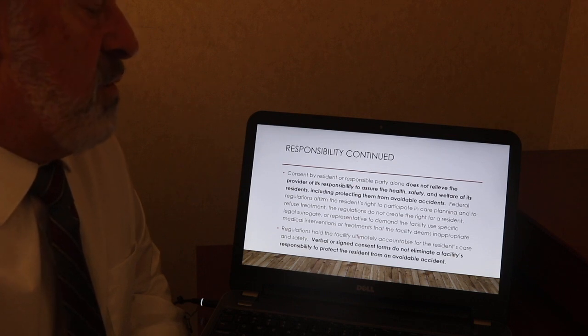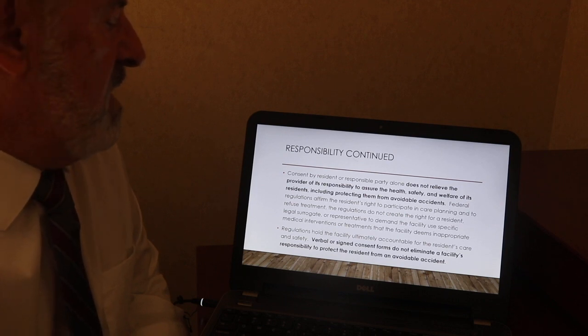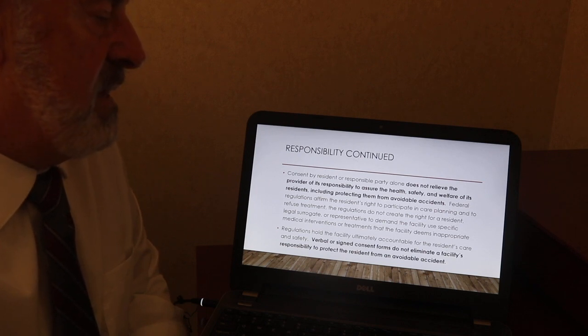Consent by the resident or responsible party alone does not relieve the provider of its responsibility to assure the health, safety, and welfare of its residents, including protecting them from avoidable accidents. Federal regulations affirm the resident's right to participate in care planning and to refuse treatment.